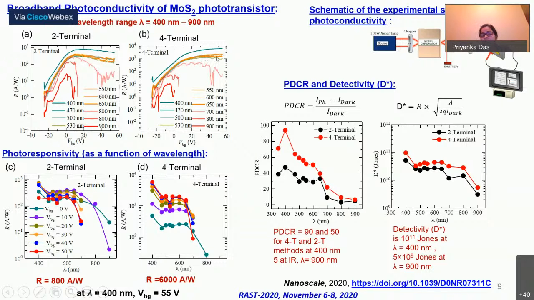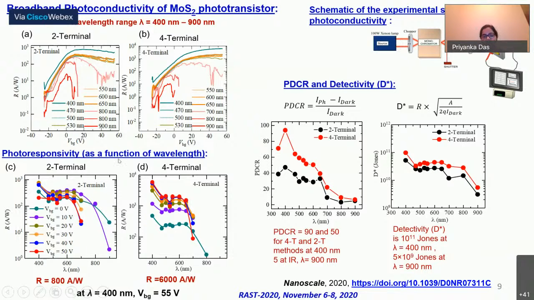And this is due to the effect of contact resistance, because in the four terminal measurement, the contact resistance can be eliminated, but that cannot be eliminated in the two terminal case, and there might be an effect of heat by which we can see the responsivity decreases after 10 volt.